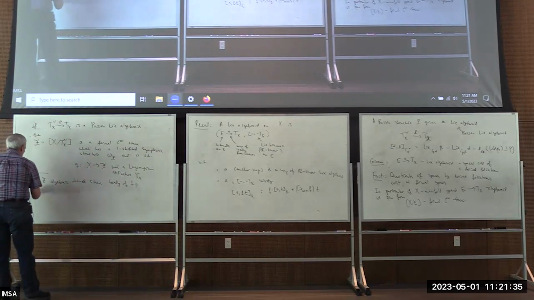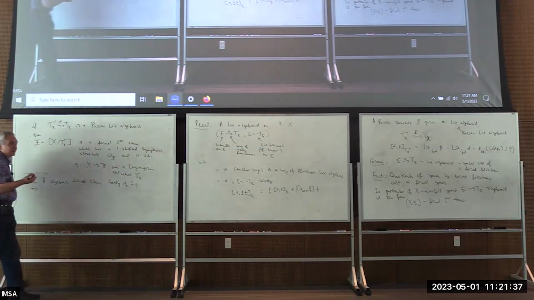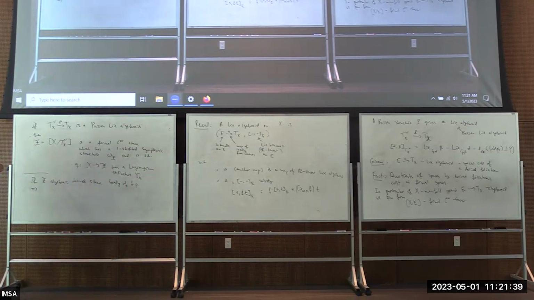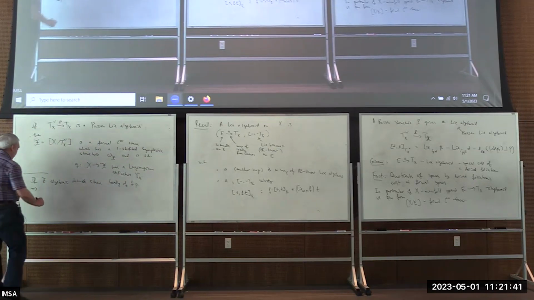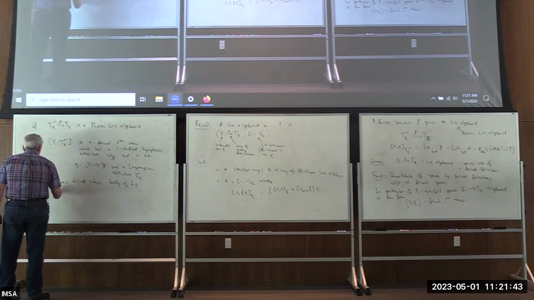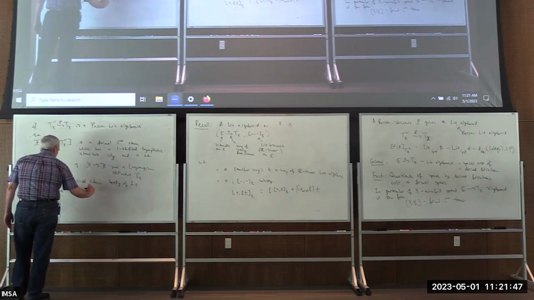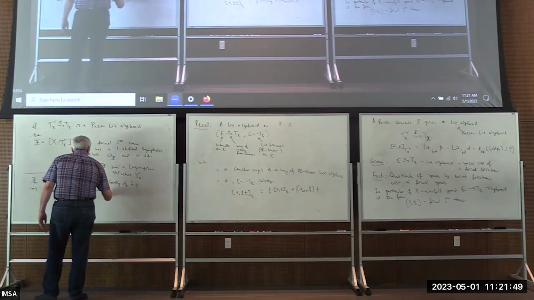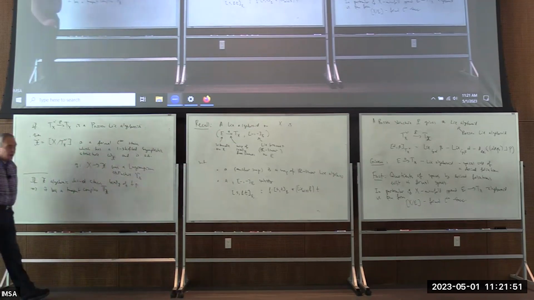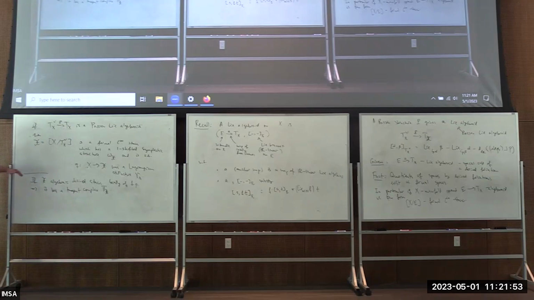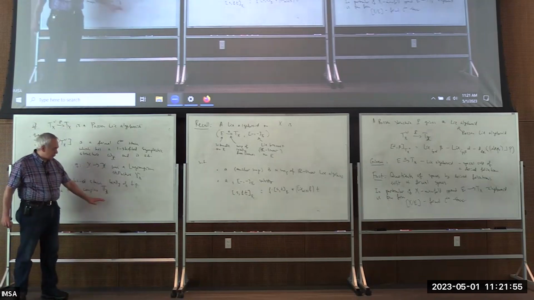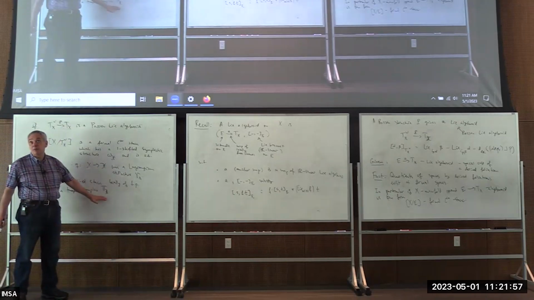Then because it's derived and because it's a stack, it doesn't have a tangent bundle, but it has a tangent complex. And in fact, this locally affine representation condition is equivalent to the condition that this complex is a finite complex of vector bundles.